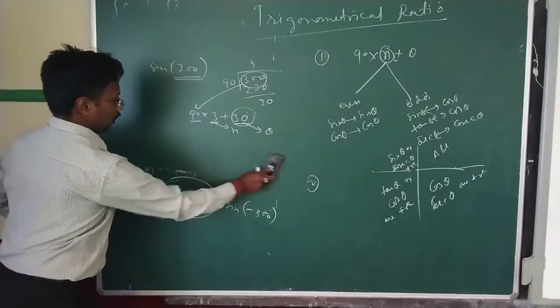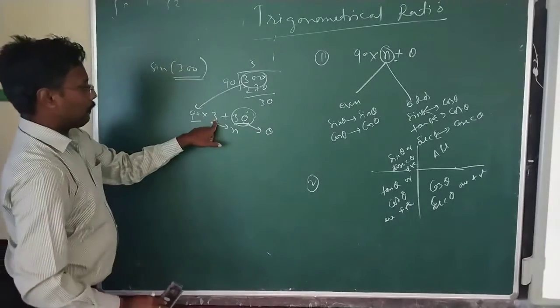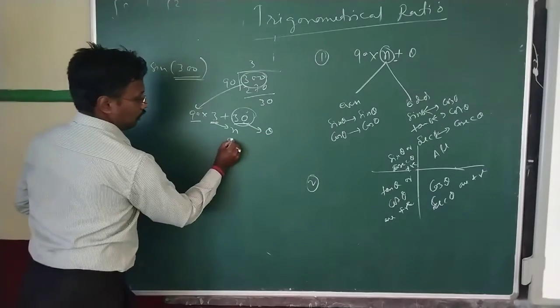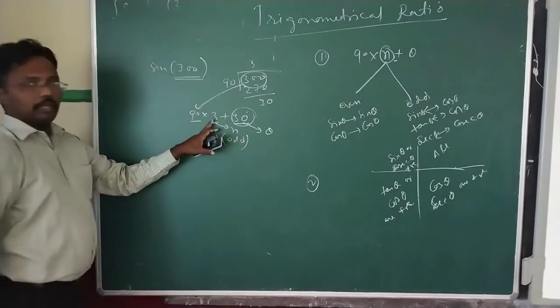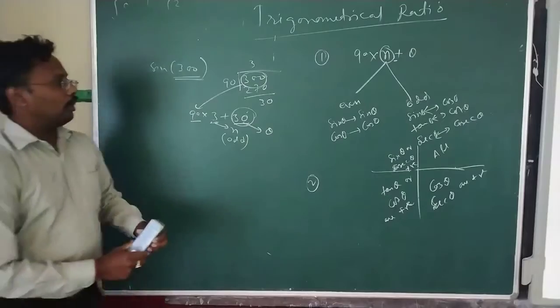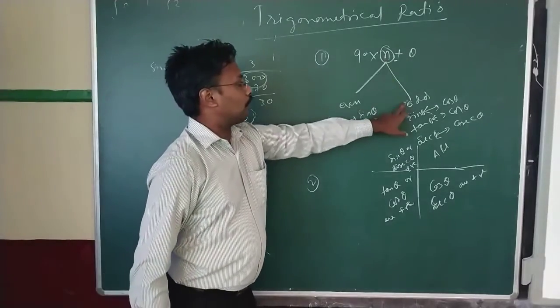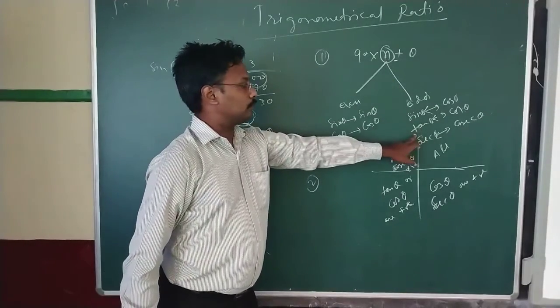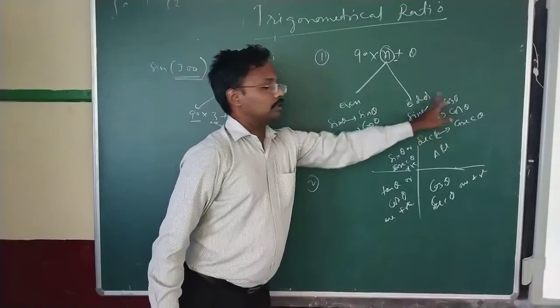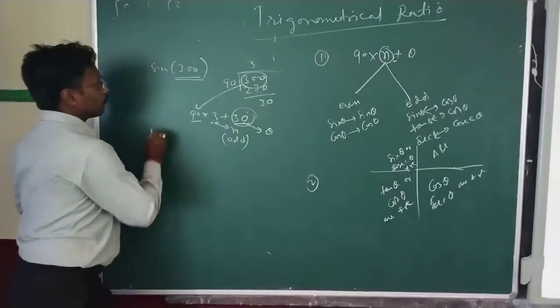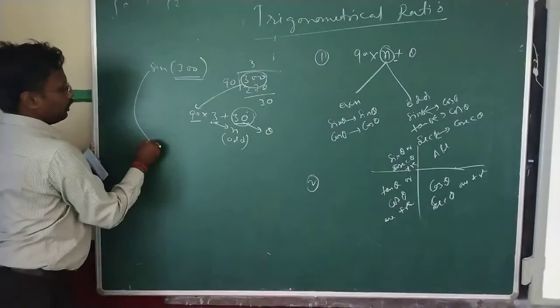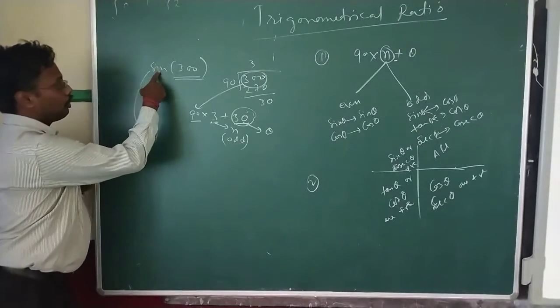But if you look at this number, it is odd number. So out here n is odd. Now if n is odd, then we need to follow these steps, right? So that means we need to change the trigonometric ratios. So for sine, sine changes into cos.